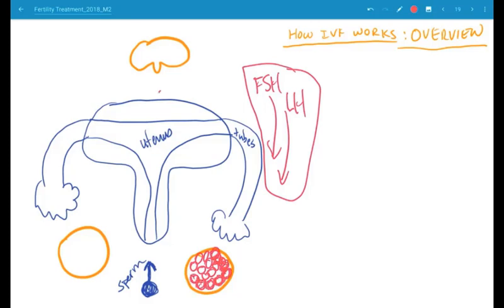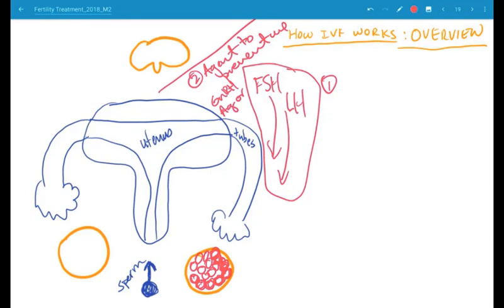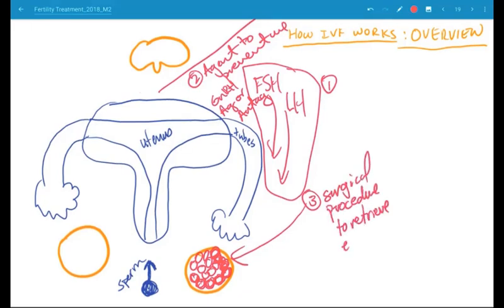And then you would use an agent to prevent ovulation. So that would be like a GnRH analog, whether it's an agonist or antagonist. Okay. And then it requires a surgical procedure to then go in and retrieve the eggs.